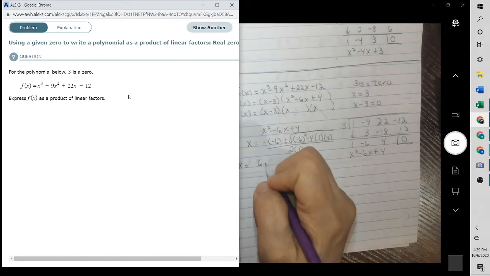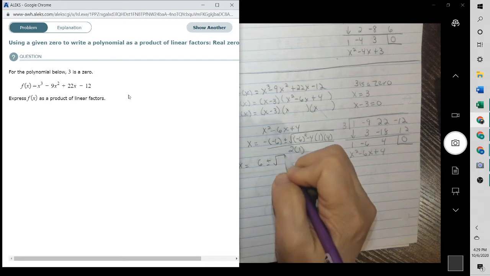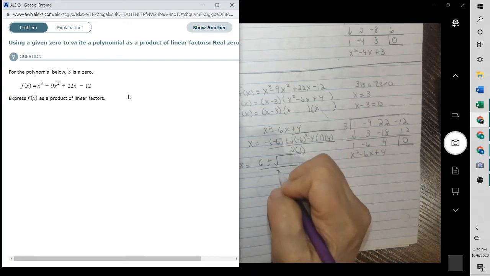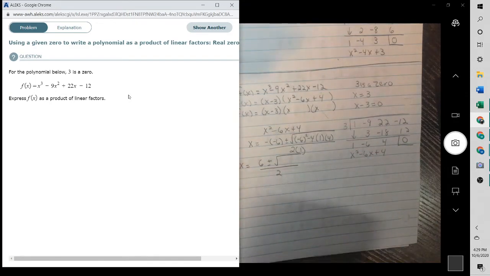So we have 6 plus or minus the square root all over 2. 6 and 6 is 36. Minus 16 is 20.